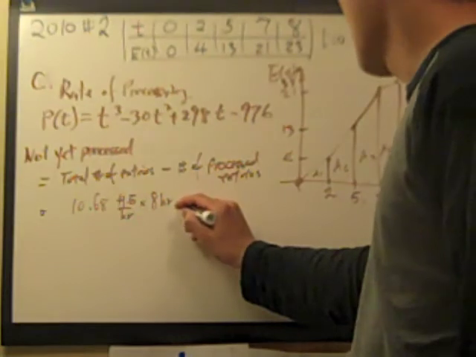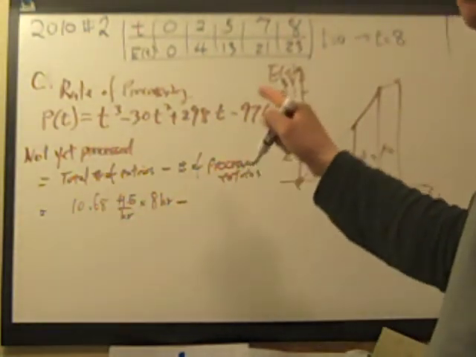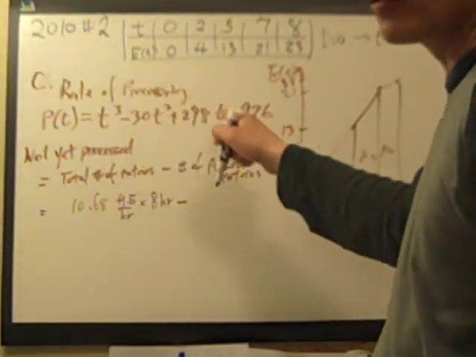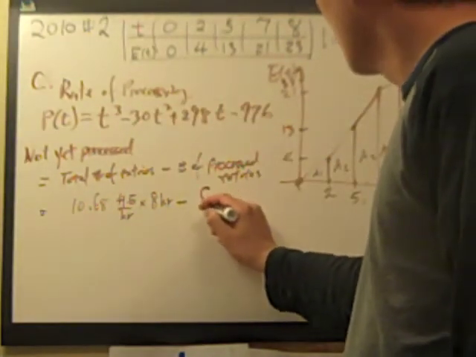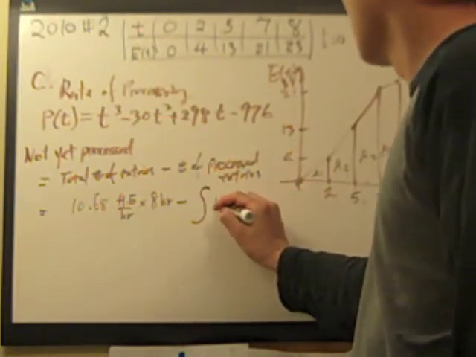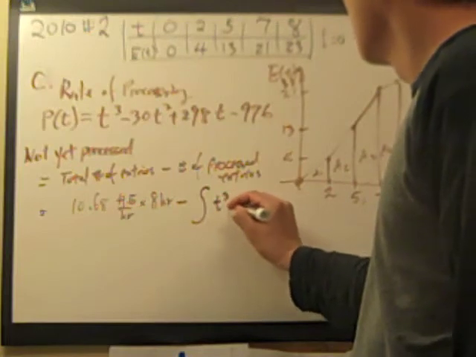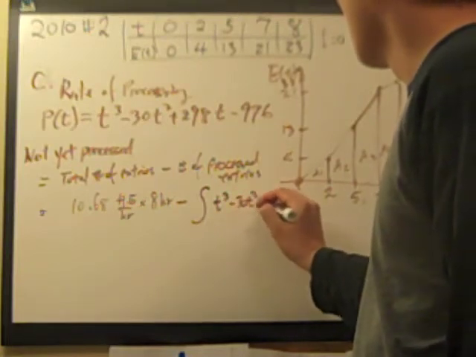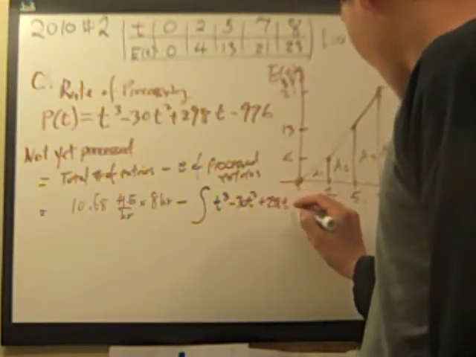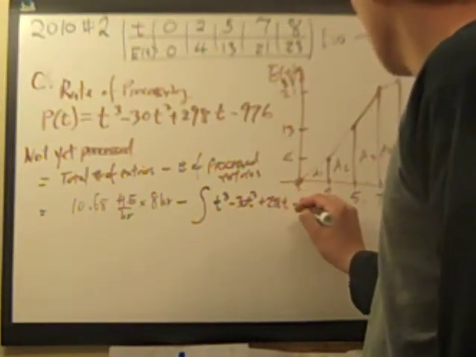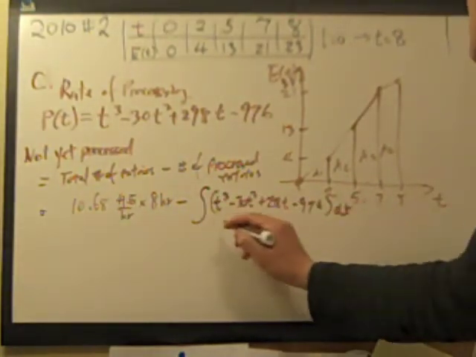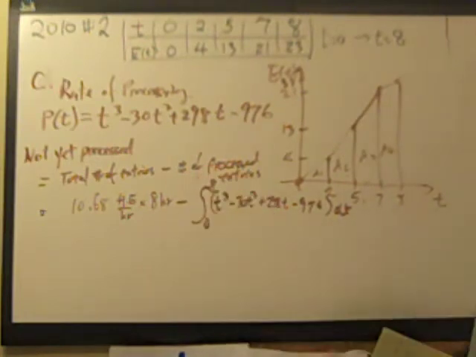Now, we need to subtract the total number of processed entries. And here we have the rate of processing. So basically, it is the integral of the process rate, right? So it's the integral of T cubed minus 30T squared plus 298T minus 976 in parentheses dt going from 0 to 8.